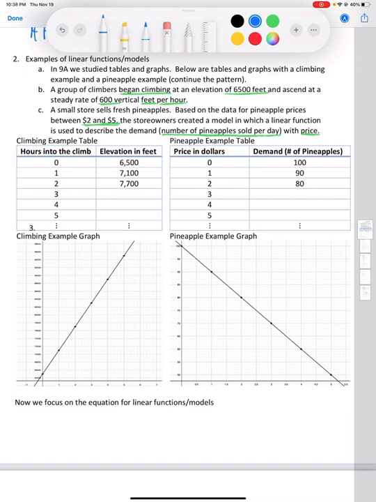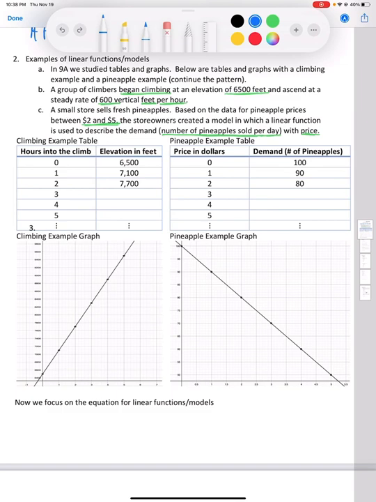All right, let's go ahead and continue the pattern on our table for both situations. So look at our first column here, and we have hours into the climb. These climbers are climbing the mountain.